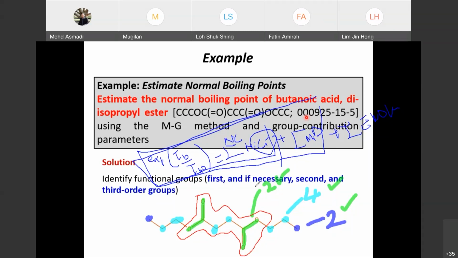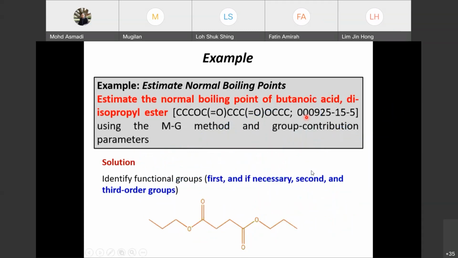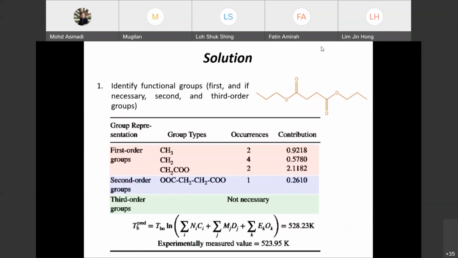Third order is not necessary. When you calculate, you can see that the value is close to the experimental when you use second order. If you use only first order, it is not really accurate compared with the experimental value.